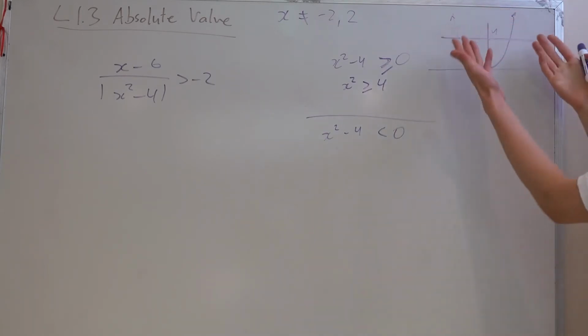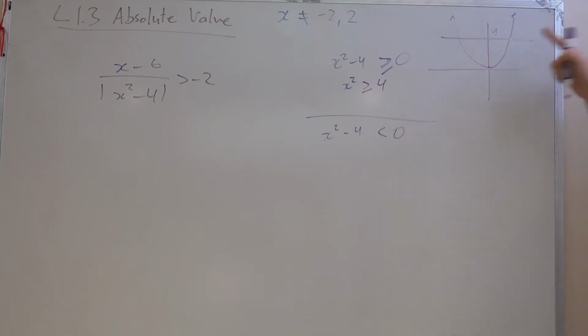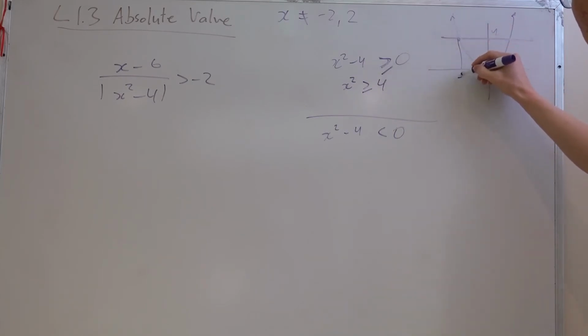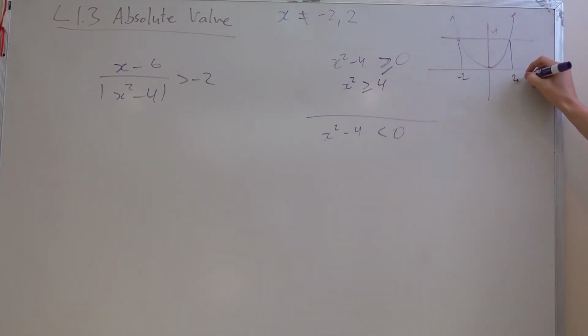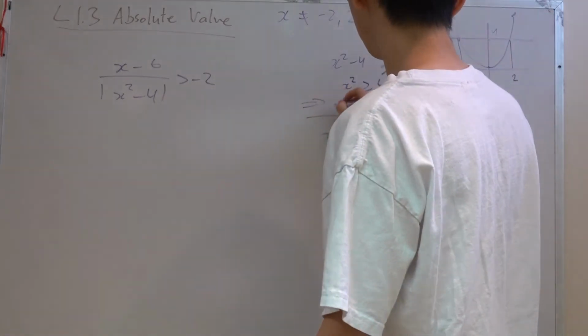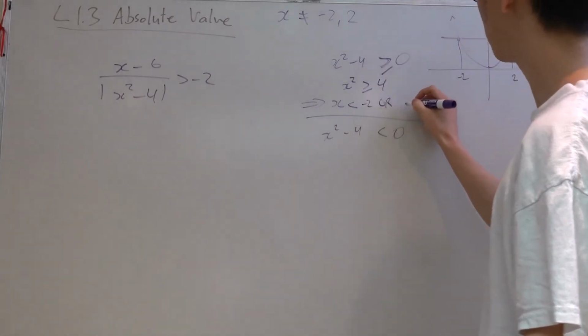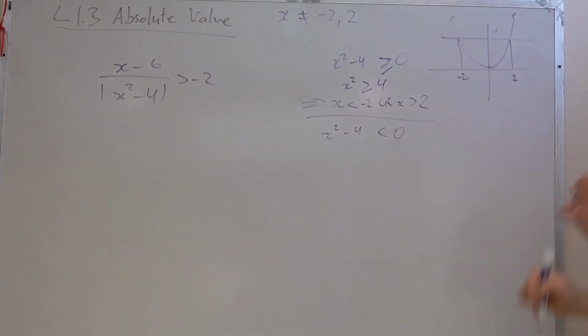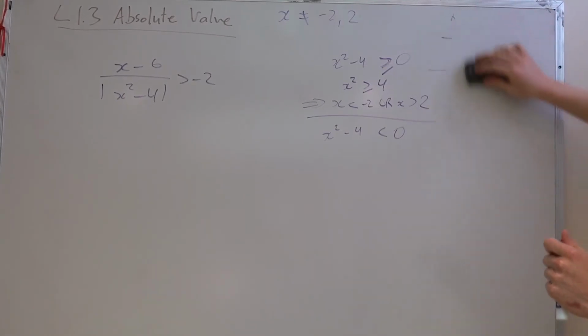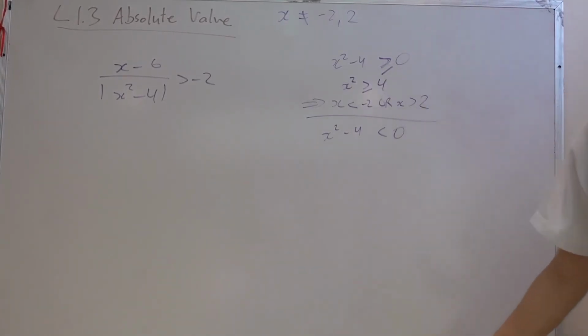So you can just see from the graph that it's everything beyond this point and everything beyond that point. And you should be able to tell that this here has x value -2, and this here has x value 2. So it's all the values to the left of -2 and all the values to the right of 2. So this means x is less than -2 or x is greater than 2. Okay, this is a type of equation that you should have been able to solve from grade 11. So clearly the absolute value is just gonna mess things up, make your life a lot harder.